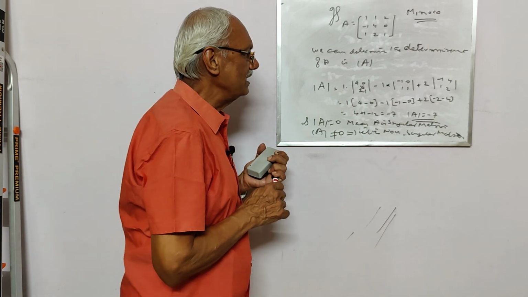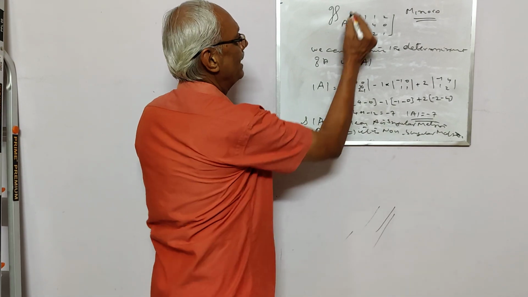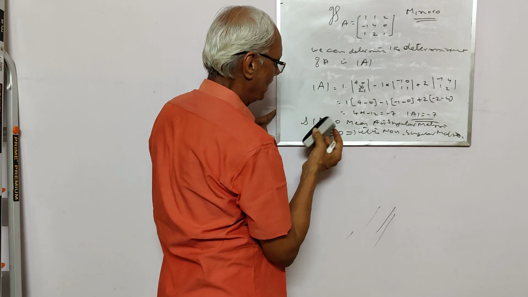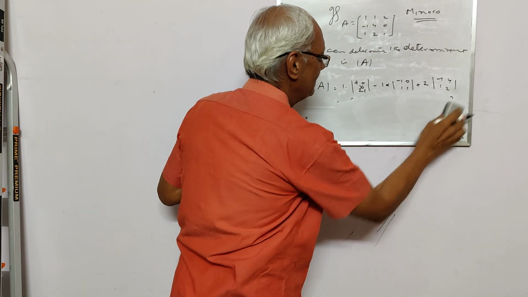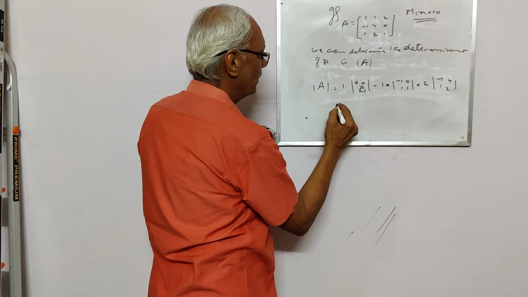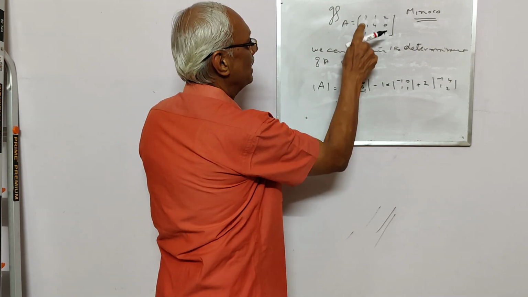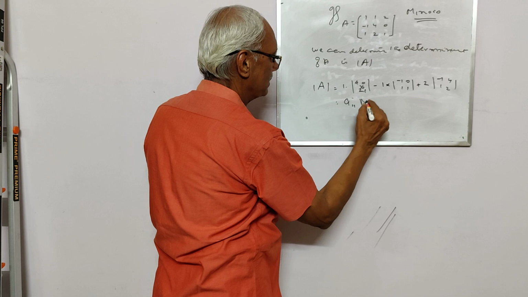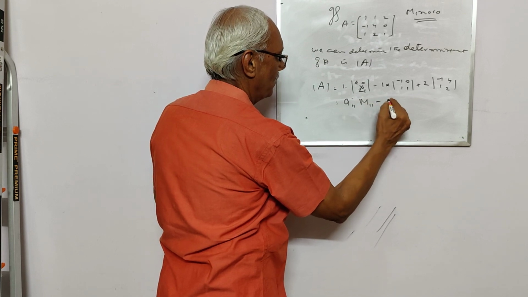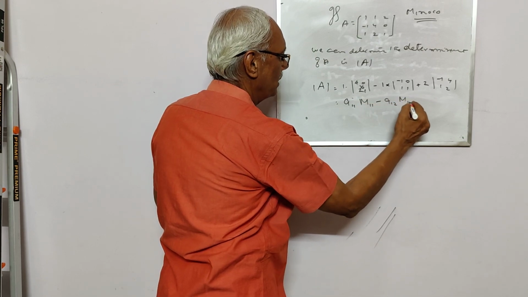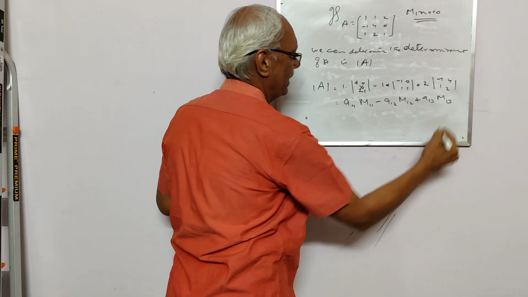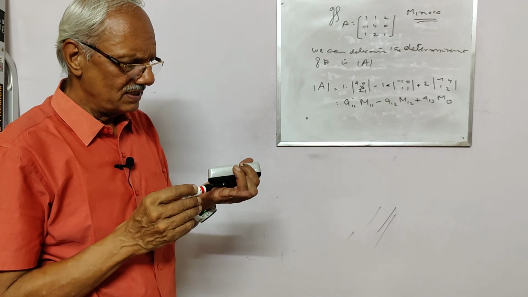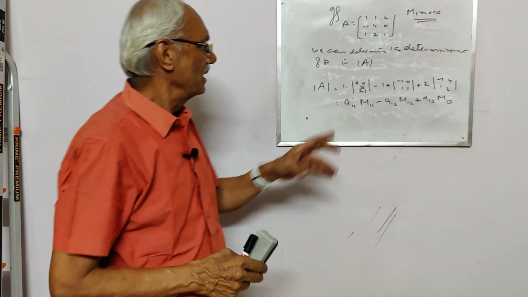So in this particular case, I'll rub off and write. This can be written as your first element A11 into its minor M11, minus A12 into its minor, plus A13 into its minor. So this is the way that you write here.